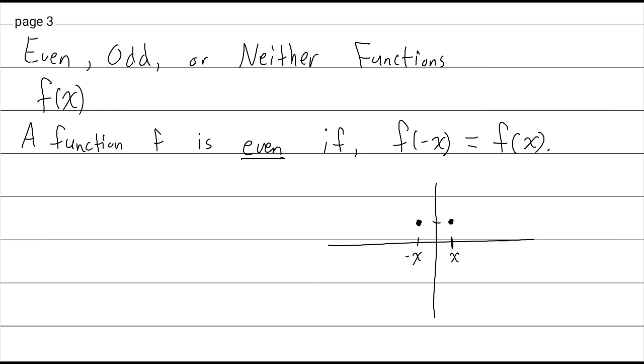Anyway, that just means that you have something that is symmetric with respect to the y-axis. I'm losing my ability to draw altogether. There we go. Okay, so change x to negative x, see if you get the exact same function back. Okay, that's an even function.